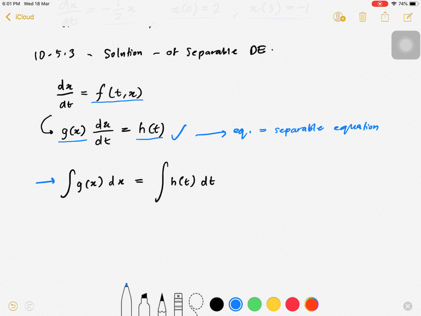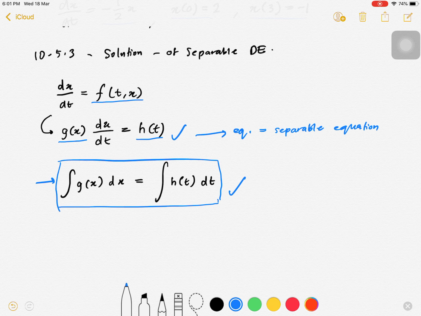So this is the formula you need to remember. When it is a separable equation, you will get this. This is only for separable equations.